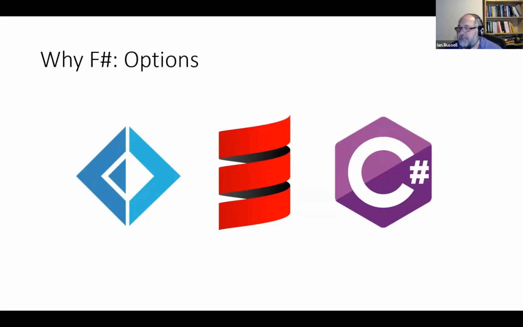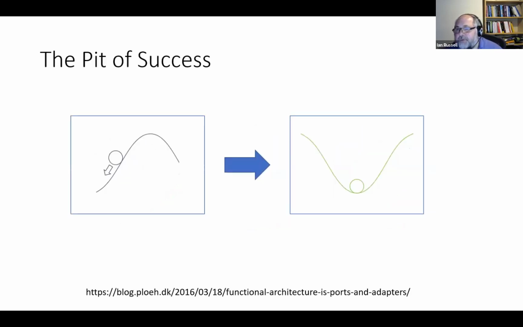So that's F#, Scala, or C#. We dropped C# almost immediately, and we basically built a little prototype in F# and one in Scala. So I did something in Scala, and the Scala dev did something in F# to see how they could work with the language, and we decided to go with F#. So that's why we did that.